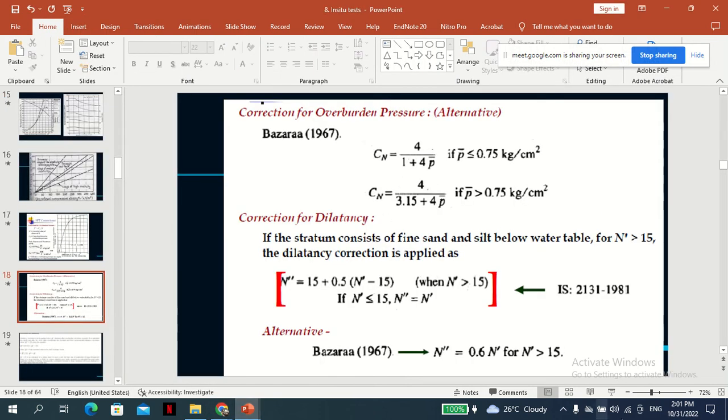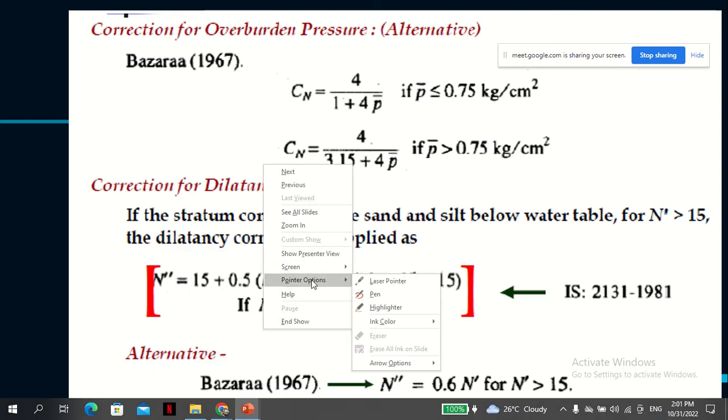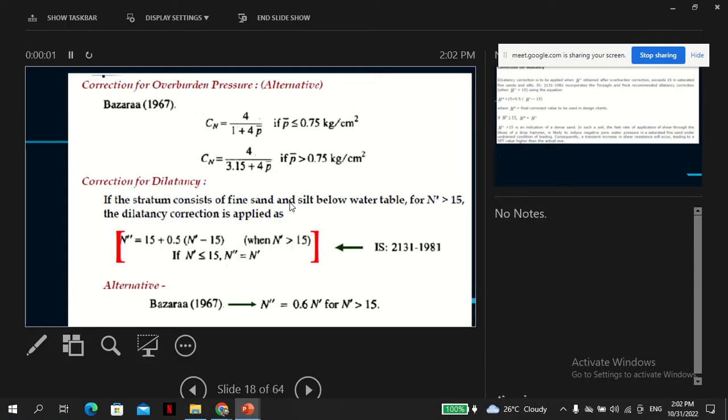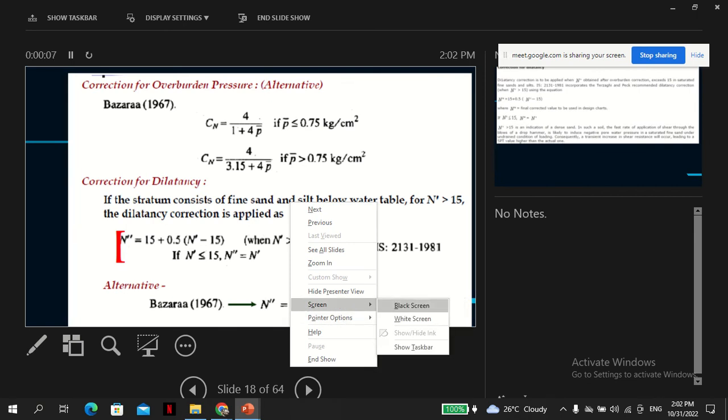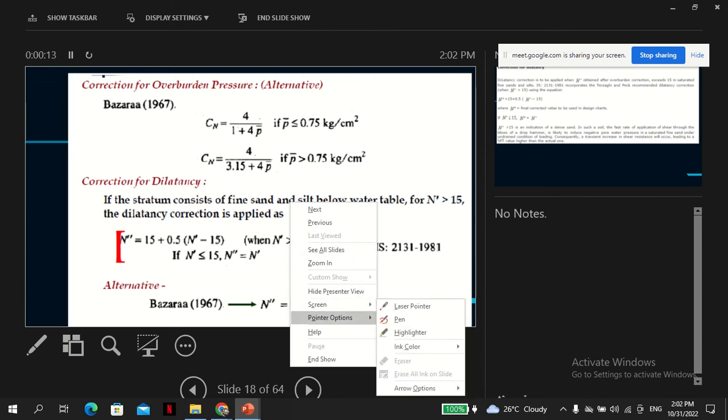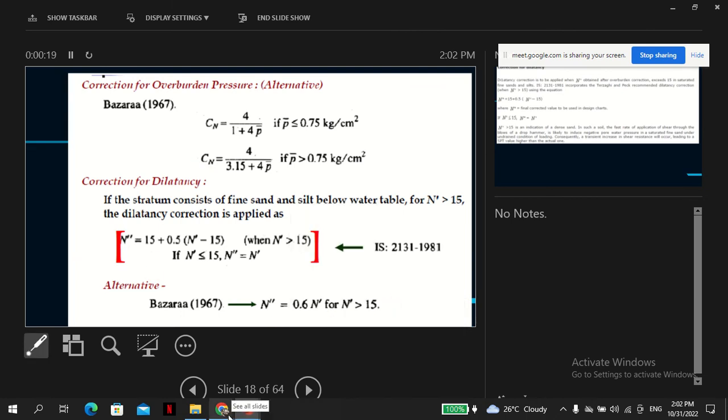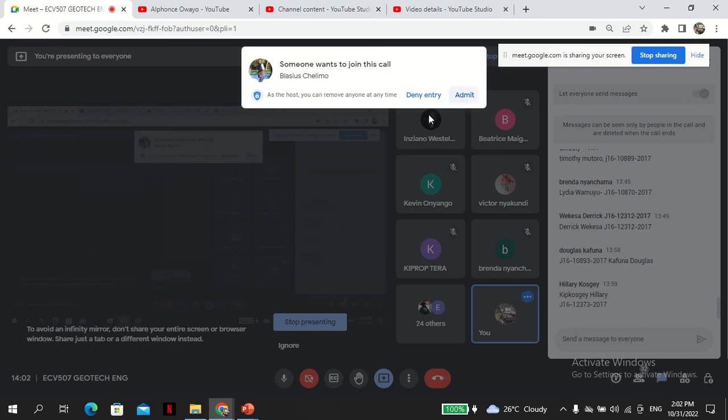So because of that, we need to correct here as well. So that's the reason why you have to correct for dilatancy.